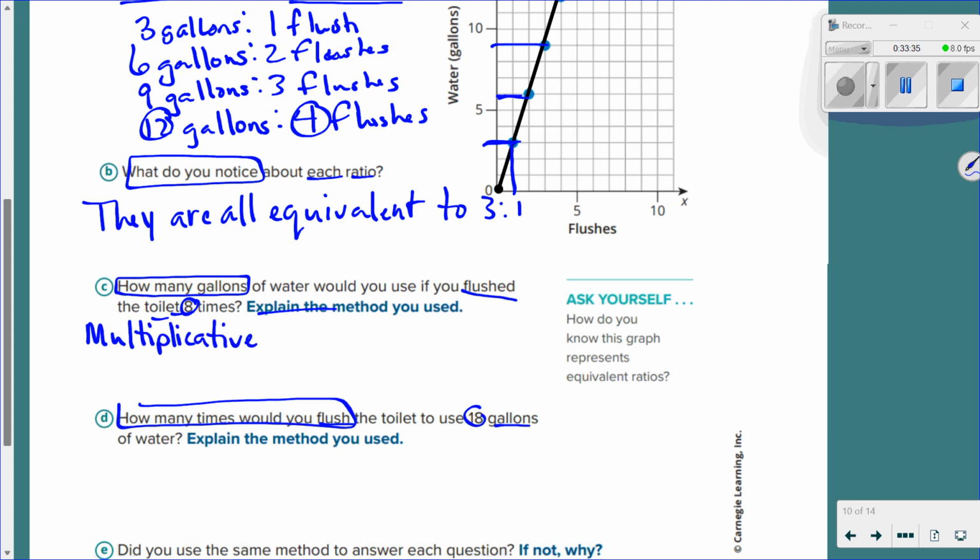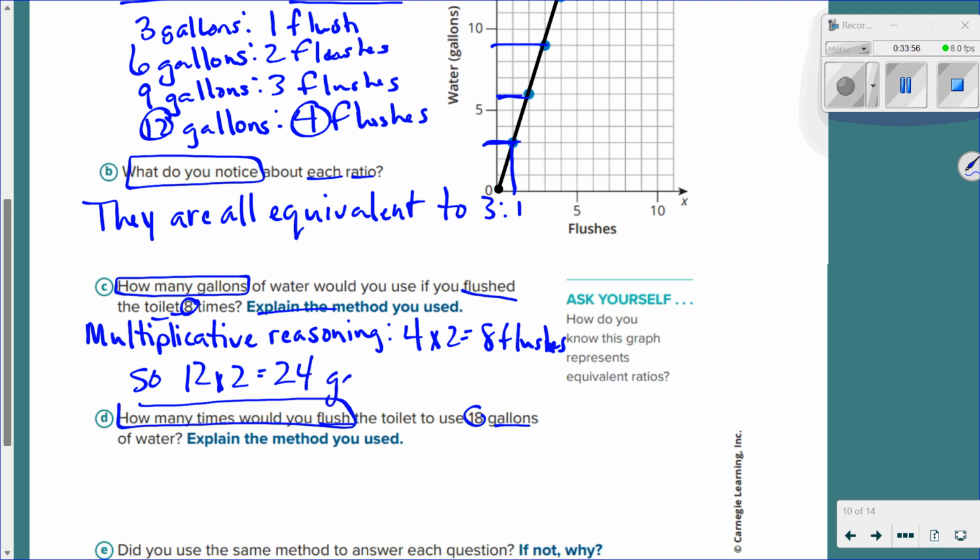Otherwise, I just use the graph. But they kind of stopped us with the way they set it up. And I would say 4 times 2 is 8 flushes. So 12 times 2 equals 24 gallons.